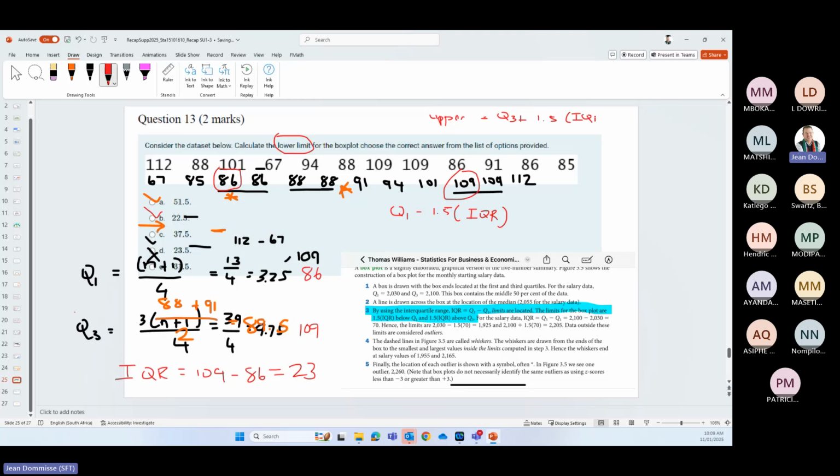Okay, so that is why I just wanted to include it again. We've worked out interquartile range as 23, so I'm going to use it from the previous question. Now I can delete all of this.